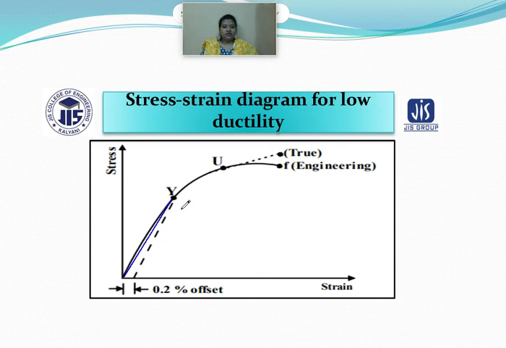This dotted line denotes your true stress strain diagram, and this particular diagram is the engineering stress strain diagram. In the true stress strain diagram, you can see the 0.2% offset will be there from the original position and it will go to some point, again going linearly. So this is your true, and U means your ultimate point, that is the maximum ultimate load.